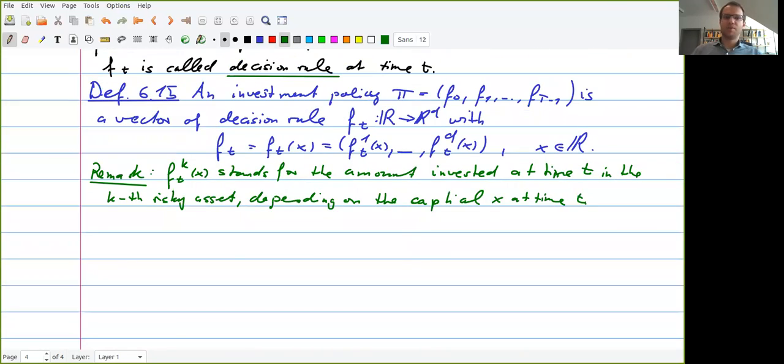So what is now our optimization problem we want to solve? So again, if we want to talk about a utility optimization problem, which we have here, we need to fix a utility function. So this is my utility function.